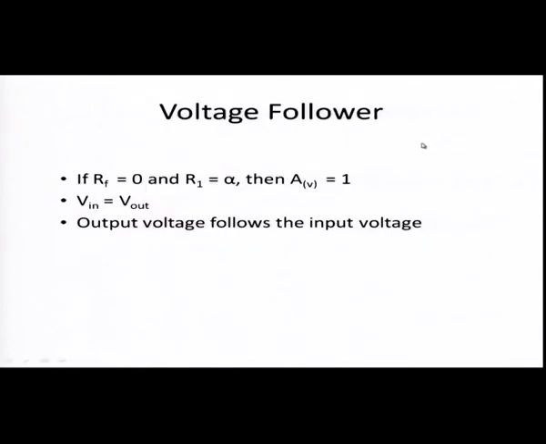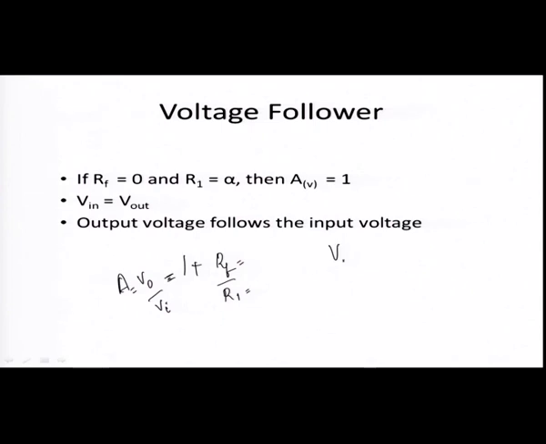So, we know that the gain of the non-inverting amplifier is 1 plus RF by R1. This is the feedback resistor, this is the input resistor. And this gain is given as V0 by Vi. This is the value of the non-inverting amplifier.